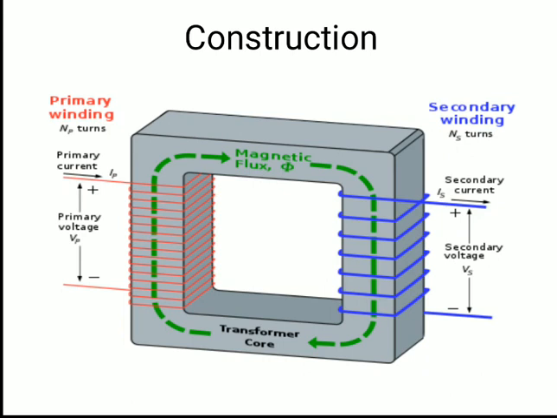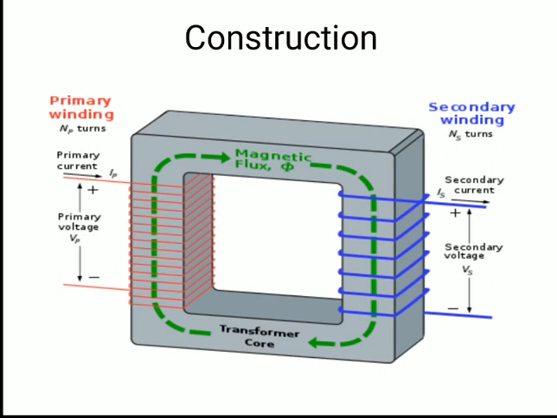The number of windings is NP for the primary; in further equations we will use N1 for the primary winding and N2 for the secondary winding, the blue one. Number of winding means how many times we have wound the core: 3 times, 4 times, 5 times.